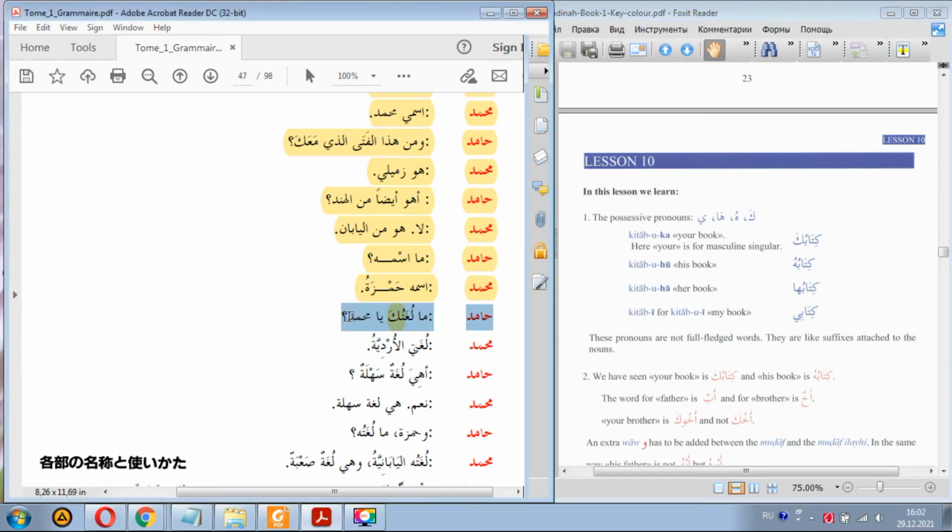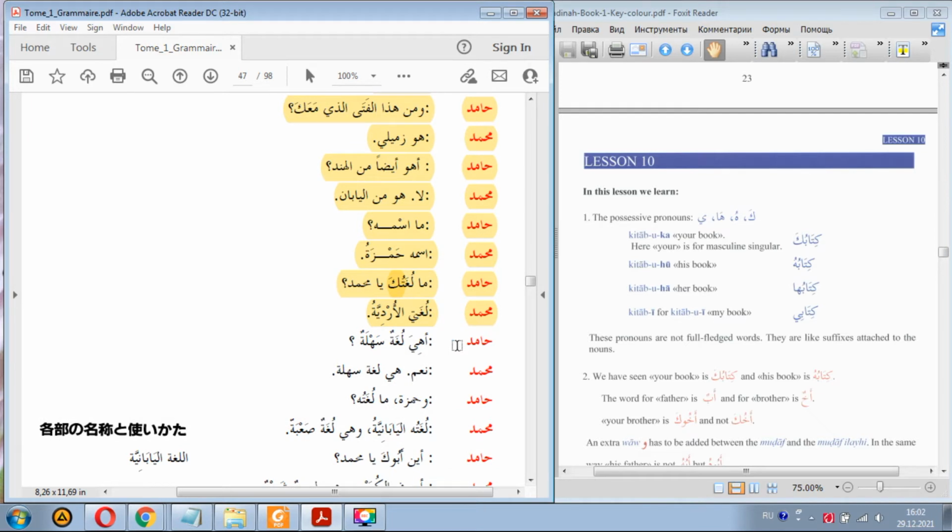And Muhammad says, Lughati al-Urdiyatu. My language is Urdu. Lughati, possessive pronoun. Ahiya lughatun sahlatun. Is it an easy language?